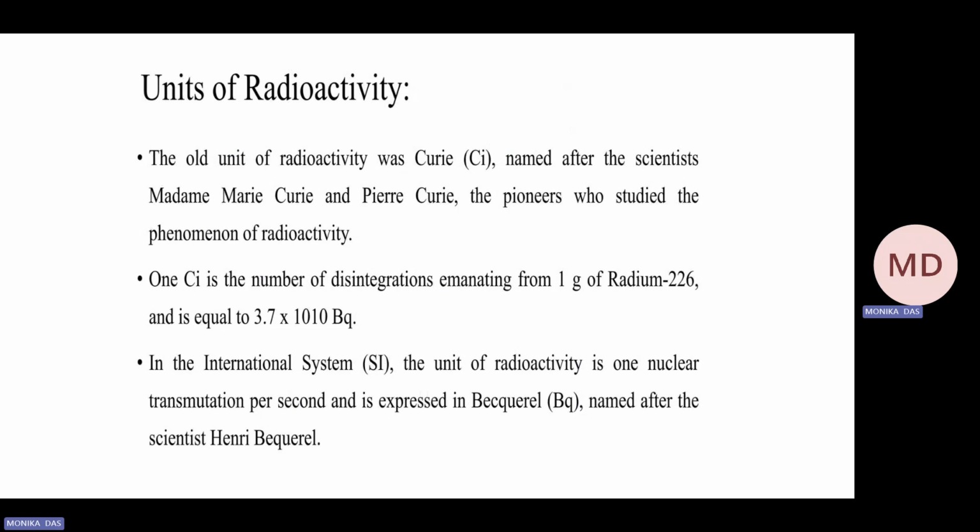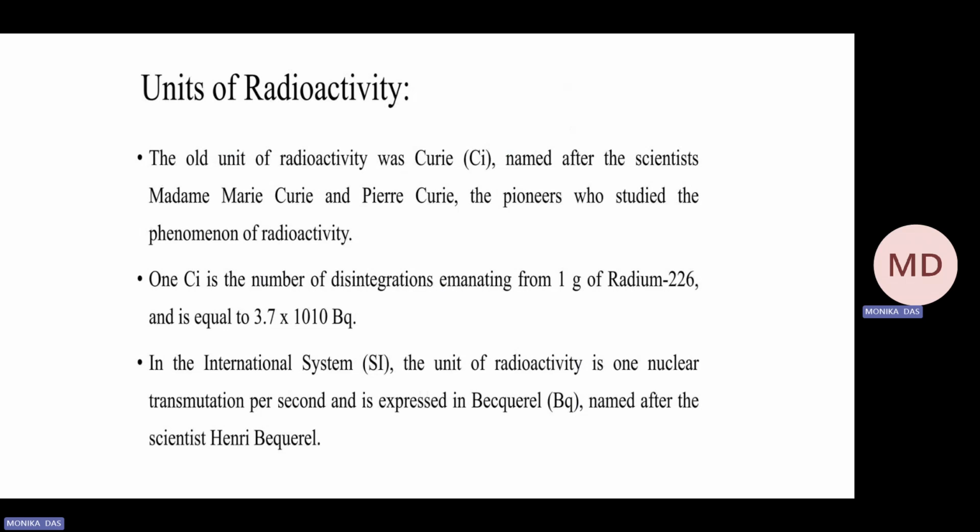Now, how to measure, or what is the unit of radioactivity? The old unit of radioactivity was the Curie, named after Madame Marie Curie and Pierre Curie, the pioneers who studied the phenomenon of radioactivity. One Curie is the number of disintegrations emanating from 1 gram of radium-226 and is equal to 3.7 x 10^10 Bq.